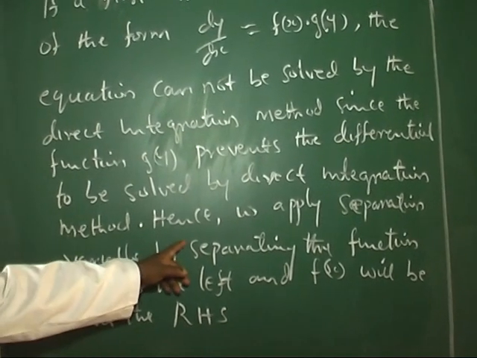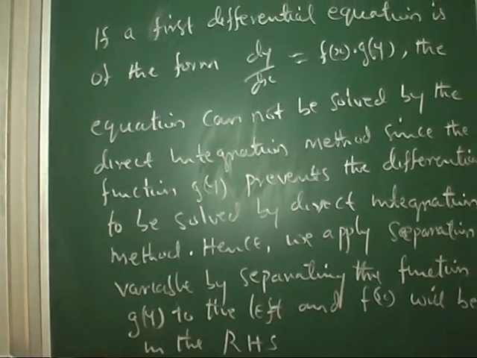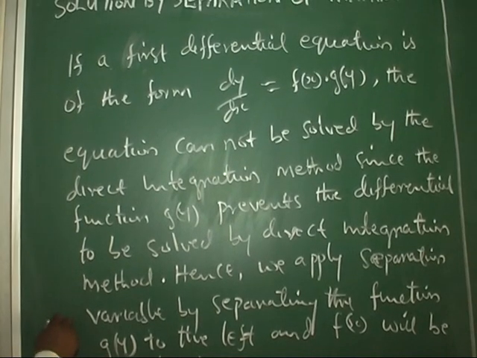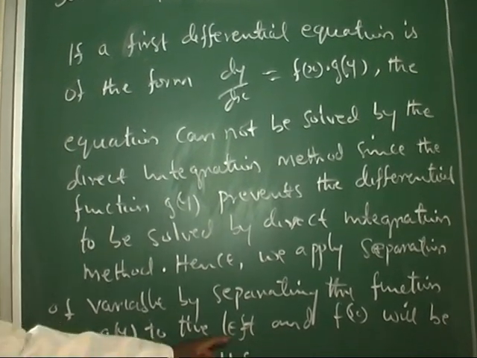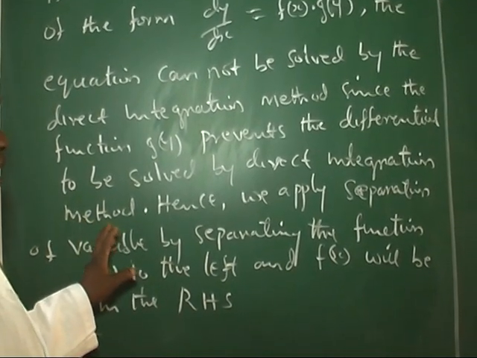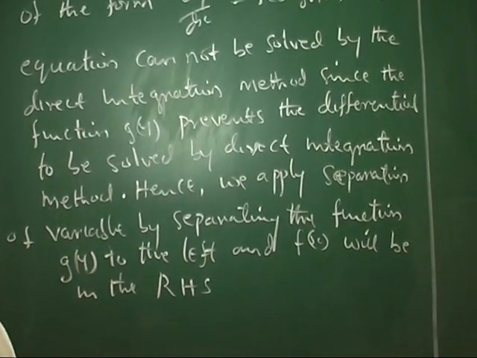So that's what we say. Hence, we apply separation of variables by separating the function g of y to the left, and f of x will be in the right hand side.